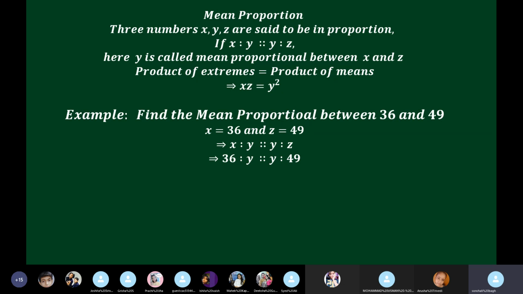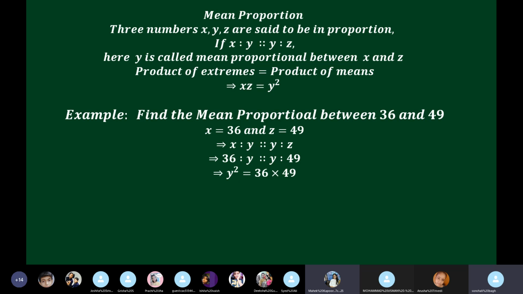Ma'am, right. Now, if the values are in proportion, then only we can use product of extremes equals product of means. I have written product of means equals product of extremes because whichever is unknown, we keep it on the left hand side.